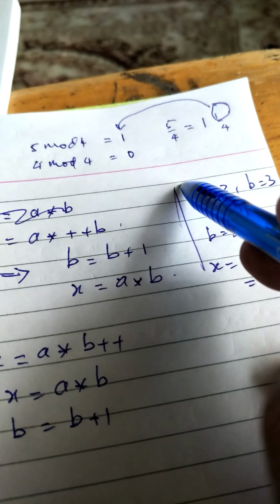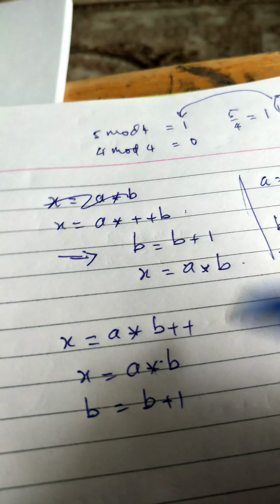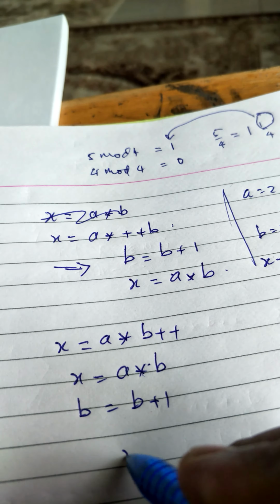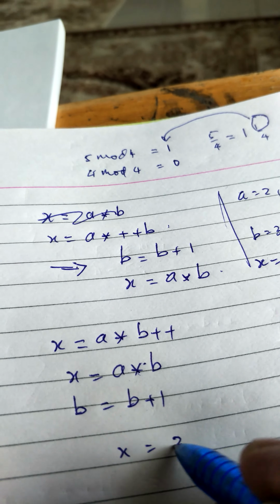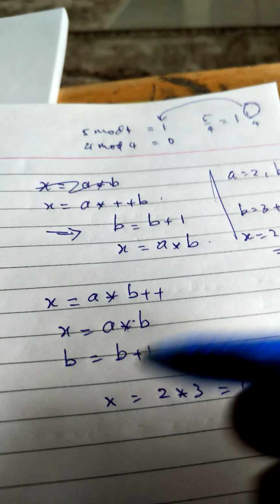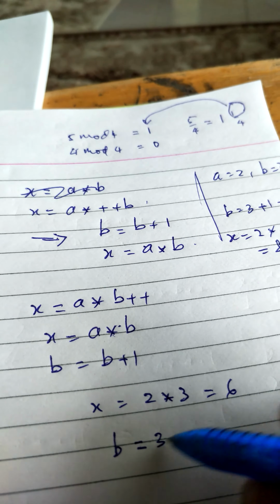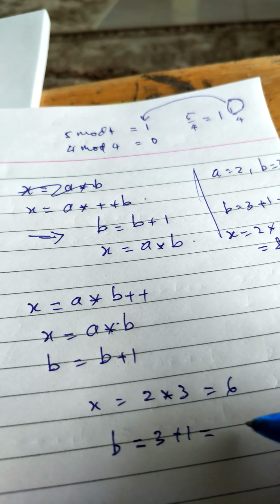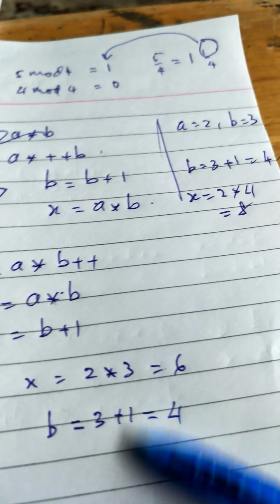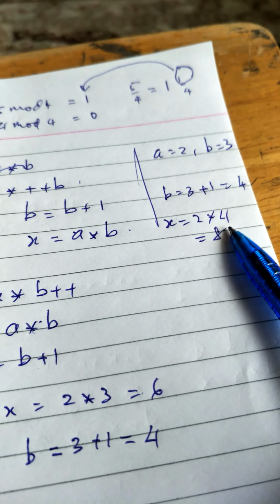If you use the same values of a and b, a is 2, b is 3, that gives you 6, and b equals 3 plus 1, which is 4. So after that process, b equals 4. In this case, after that process, b also equals 4.